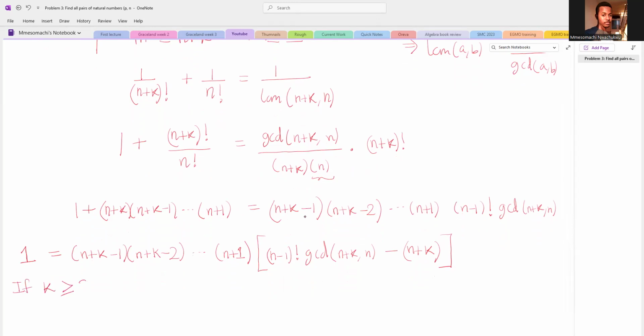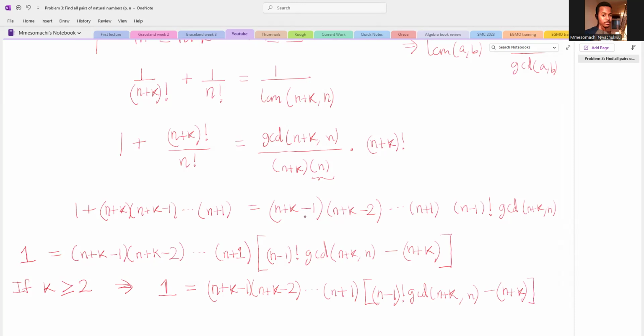If k is greater than or equal to 2, then we have 1 equals n plus k minus 1, n plus k minus 2, up to n plus 1, into n minus 1 factorial and the GCD of n plus k and n, minus n plus k.